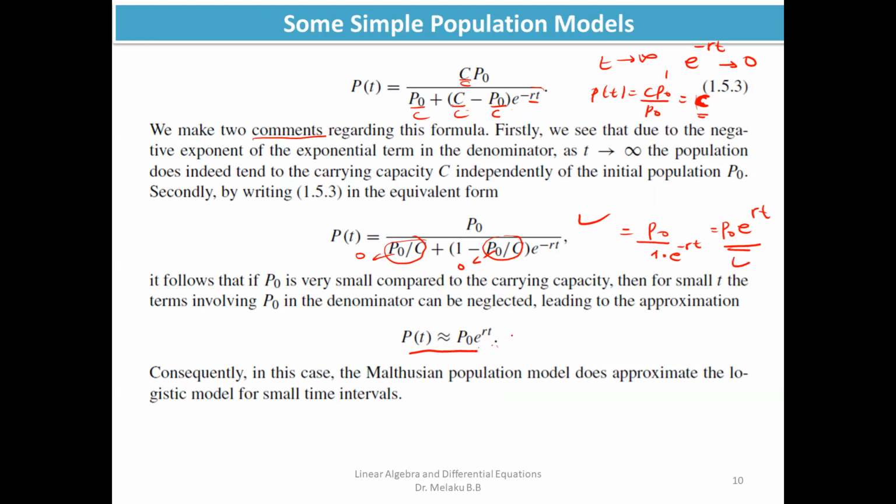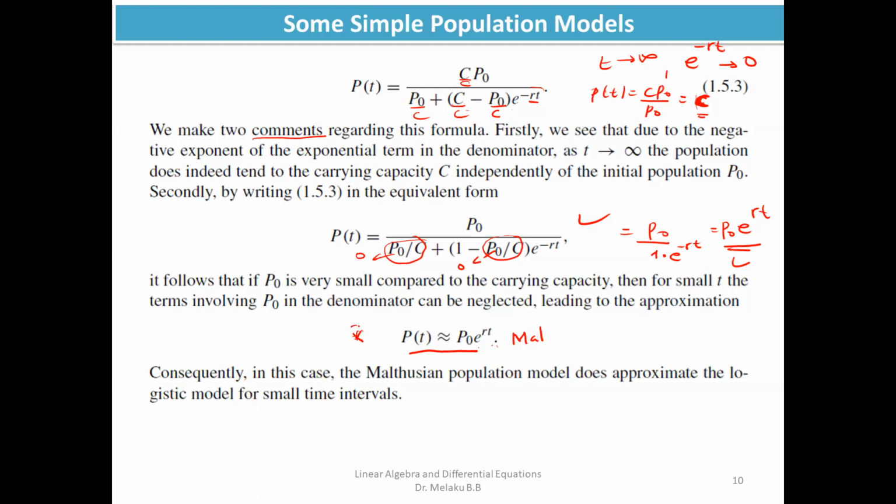But we have said that this is the Malthusian population. So it is possible to obtain the Malthusian population as an approximation for the logistic model, provided that P naught is very small, or for a small time interval.